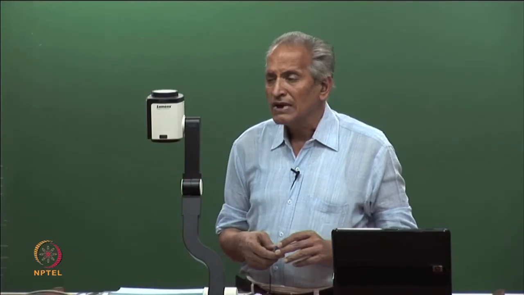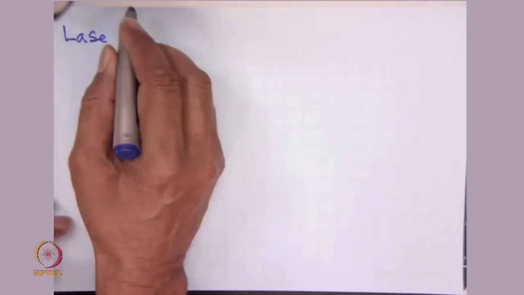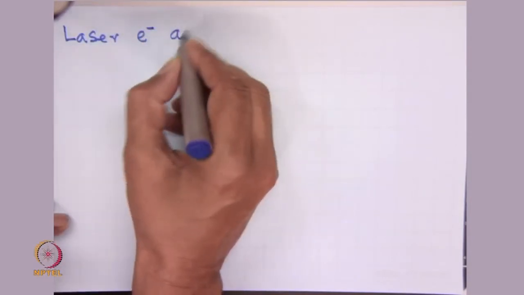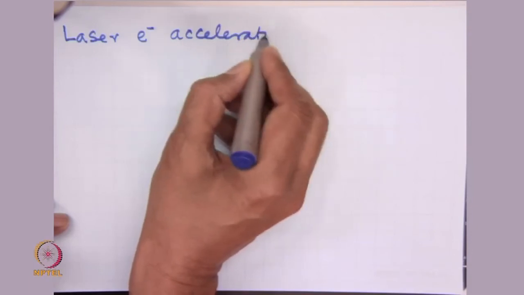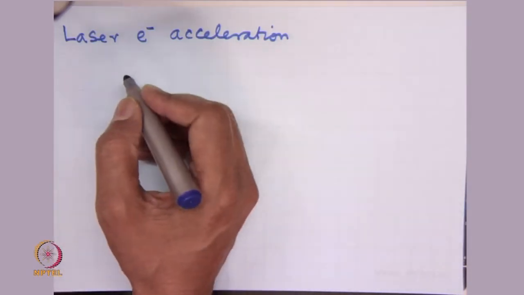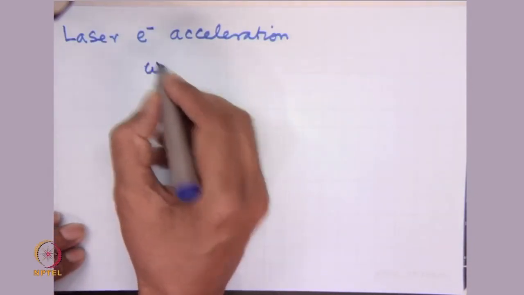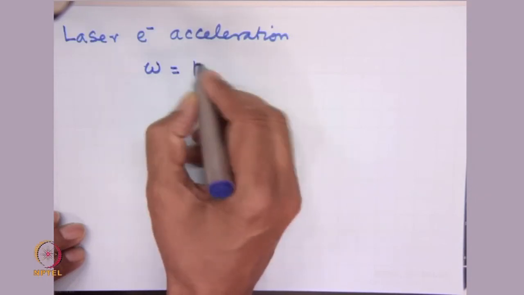Now, a word about electron acceleration. How does a laser accelerate electrons to energies approaching GeV? Well, a simple understanding about wave particle interaction is, and that we have seen when we were discussing the free electron laser or Cherenkov free electron laser or Landau damping, that the strongest interaction of particles with waves occurs when the condition omega is equal to k dot v beam.